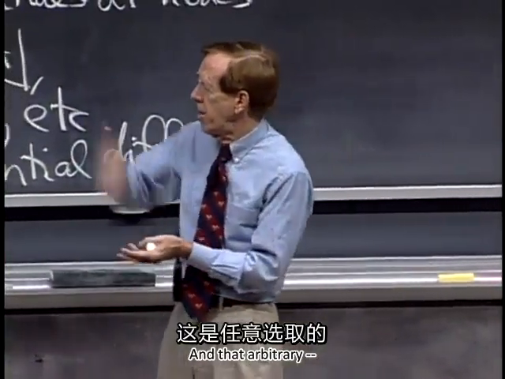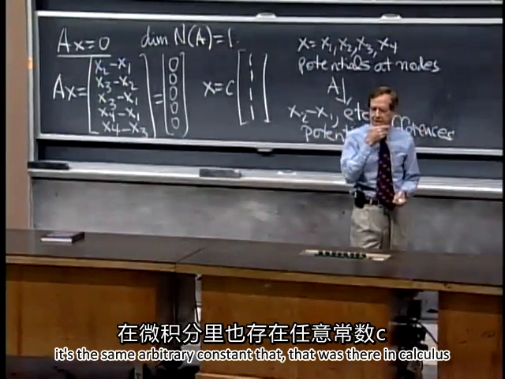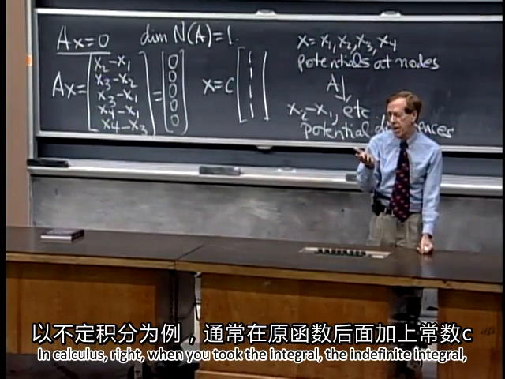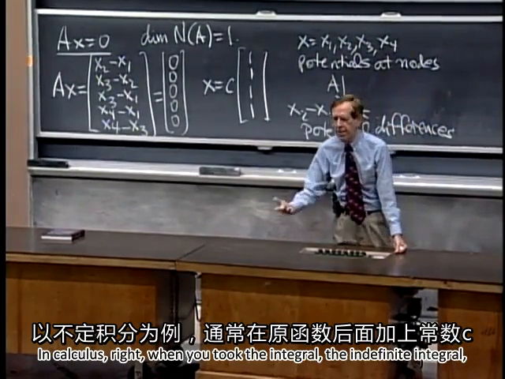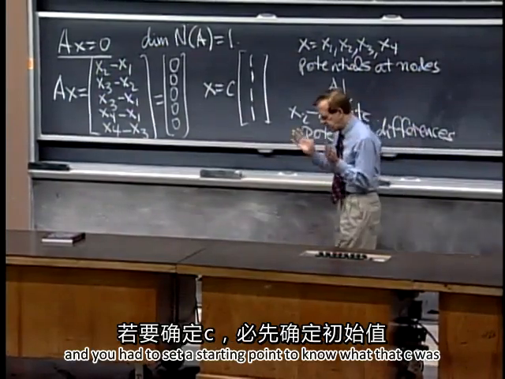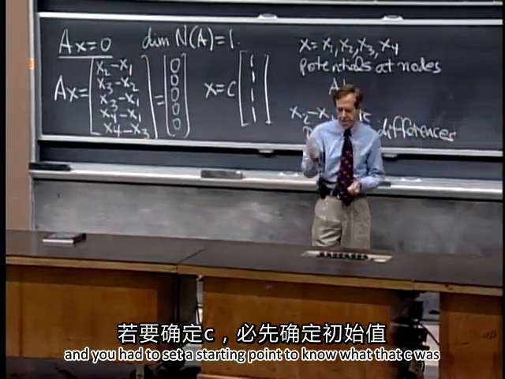And it's the same arbitrary constant that was there in calculus. In calculus, right, when you took the integral, the indefinite integral, there was a plus c. And you had to set a starting point to know what that c was.